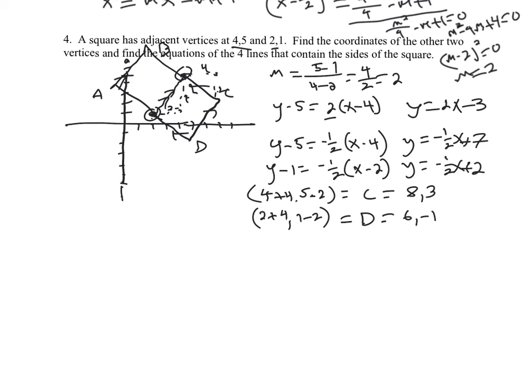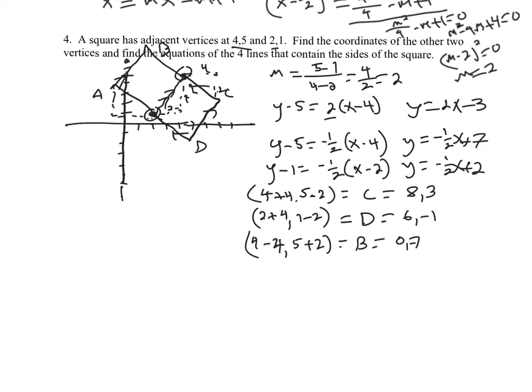Similarly, when we would go from our original points to A and B, we'd have to go left 4 and up 2. So we'd go from 4 minus 4, and we'd go 5 plus 2. That would give us point B, which would give us (0, 7).